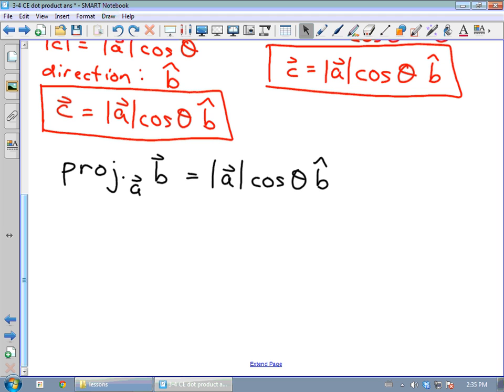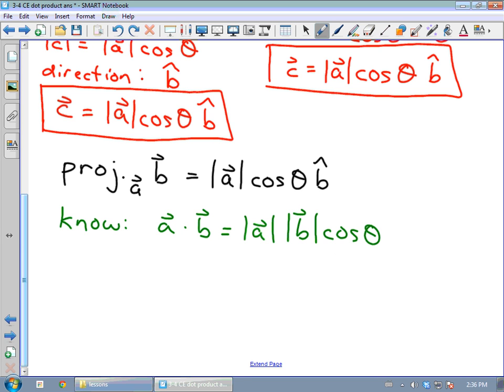we know that if we do our dot product, A dot B, that's the magnitude of A times the magnitude of B times the cosine theta.